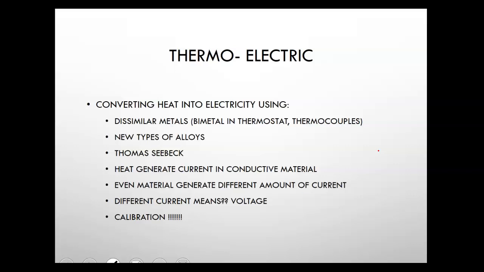Remember when we talked about different metals having different electron densities, and we said that when we give the atom energy, the electrons start to vibrate and circle around themselves very quickly. They have different energy. When they have different energy, that's different voltage, which means different potential, what's called potential difference.